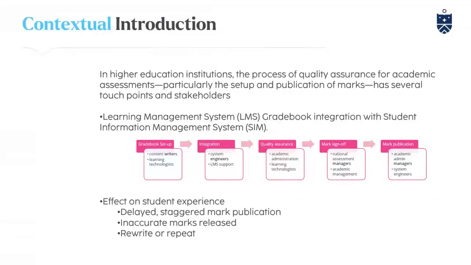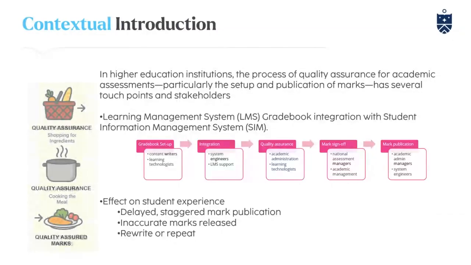So maybe just to pull this into an analogy, you can imagine that this final published mark that we are releasing to a student has to be a quality assured mark. If we make the analogy of it being a gourmet cooked meal that we're putting in front of the student, we want to have tested this meal with some taste testers before it gets put in front of the student, because we know the risk is, if it were the king tasting this food, that they could die.